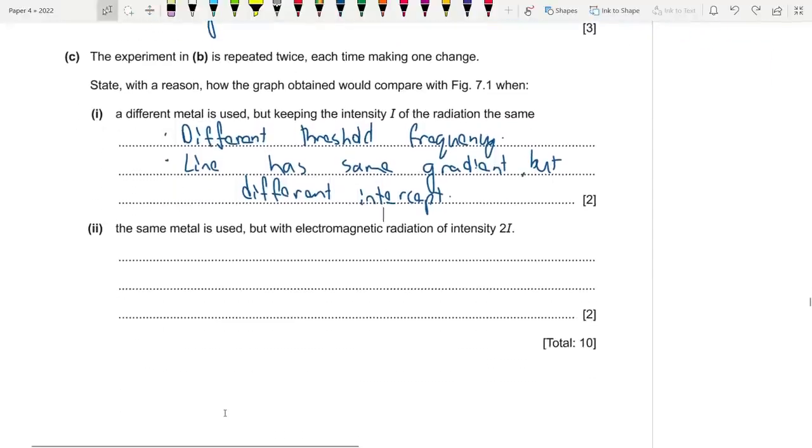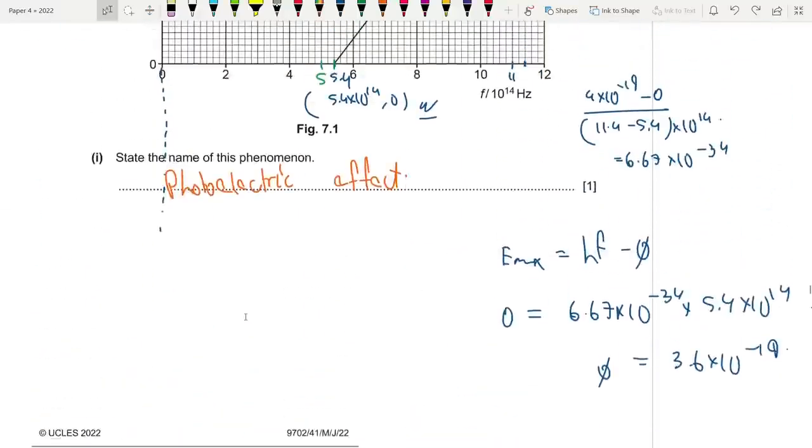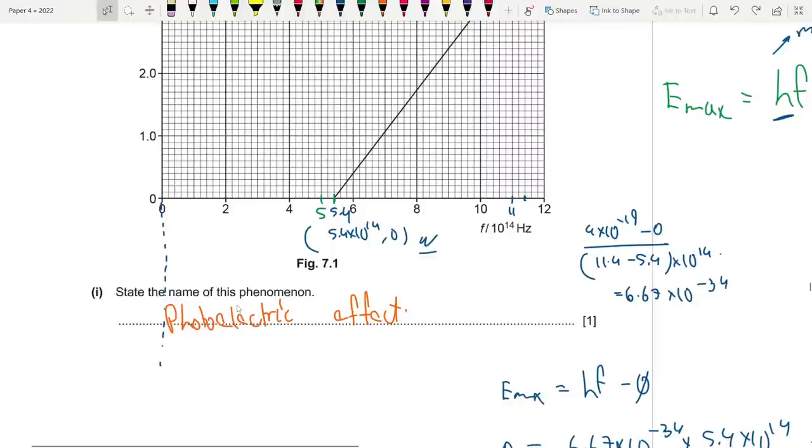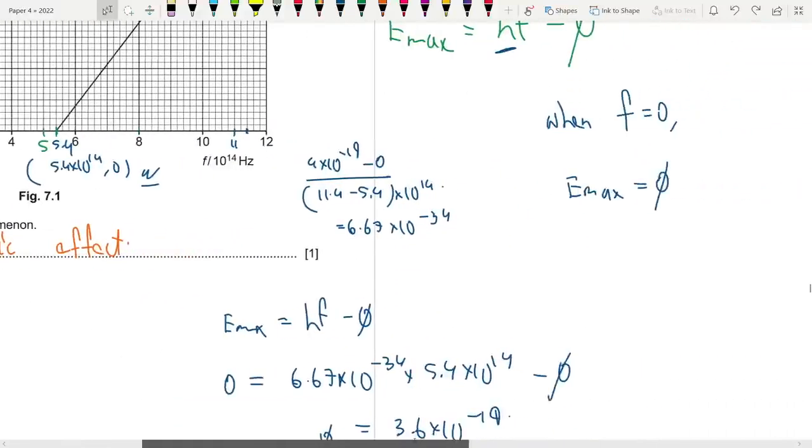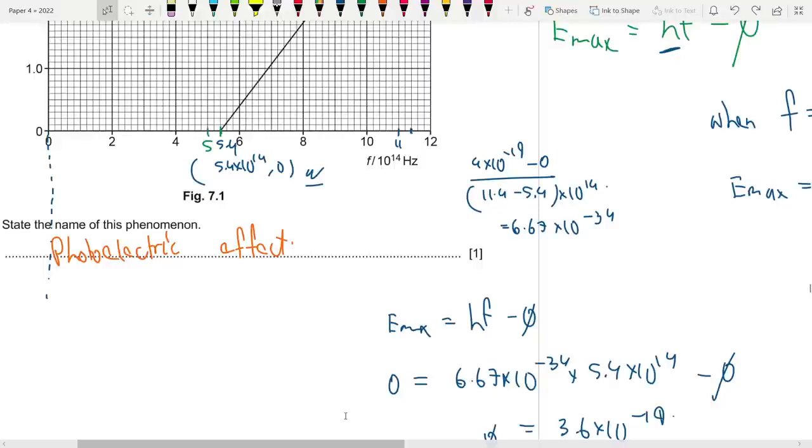Now the same metal is used, but with electromagnetic radiation of intensity 2I. Basically, think about it, this graph totally depends on a few things like the work function, which is the y-intercept, and h, which is the Planck constant.